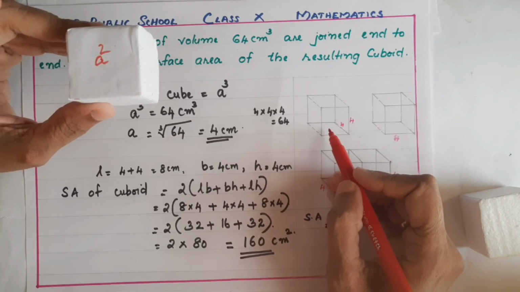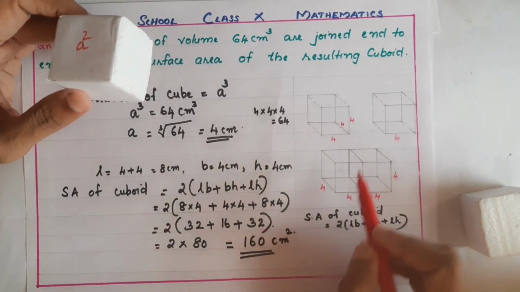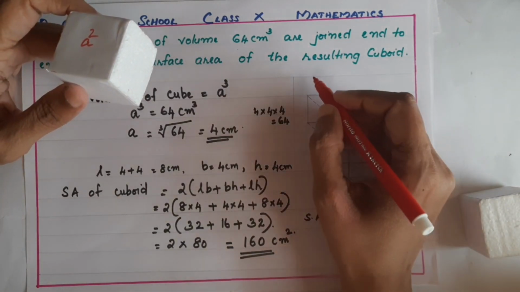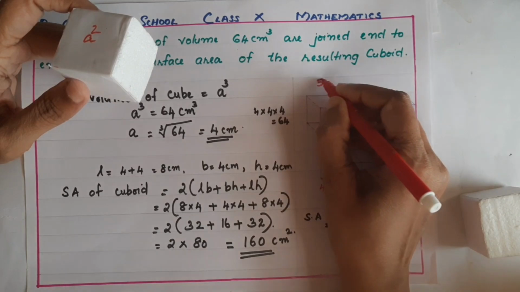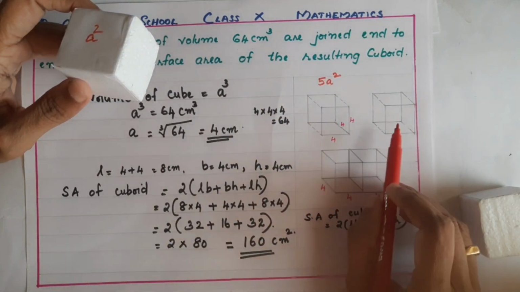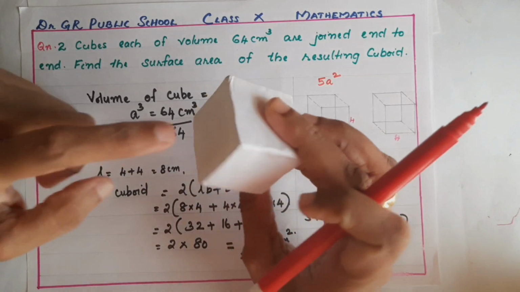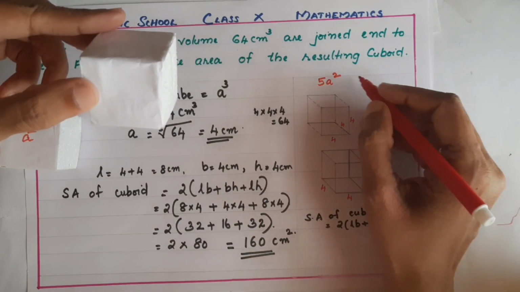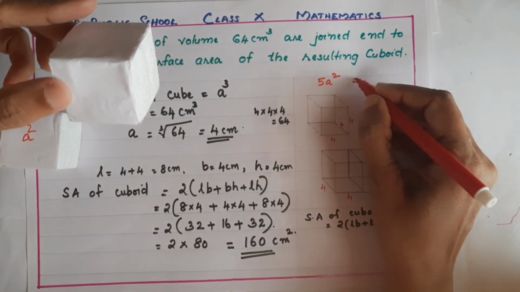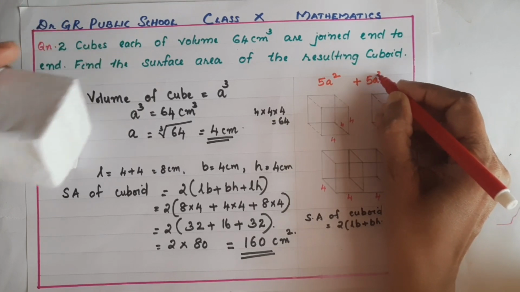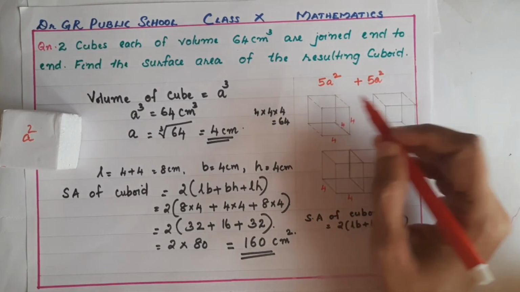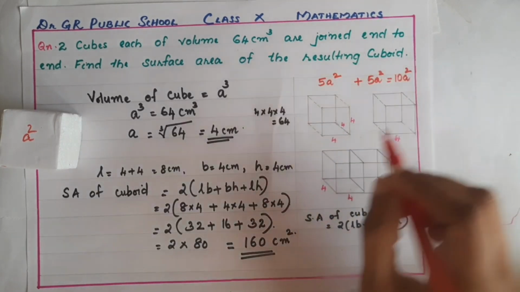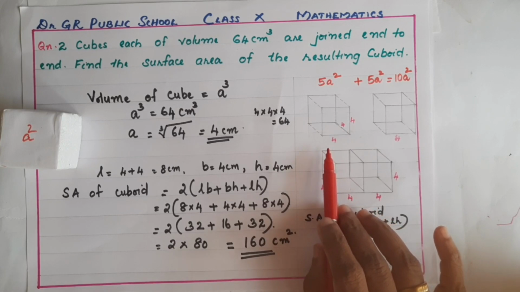5A square. So, from this first cube, 5 faces are visible in the resulting cuboid. So, 5 faces area is 5A square. In the second cube also, one face is not visible. Remaining 5 faces are visible. So, we have the 5 faces area as 5A square. So, what is the total? It is 10A square. Here A is 4.